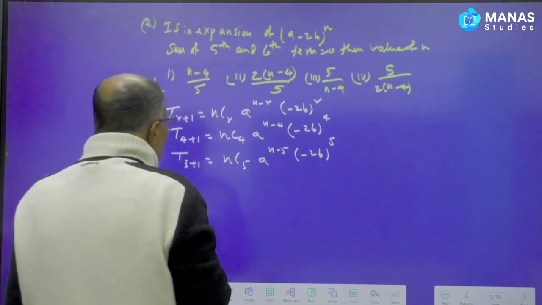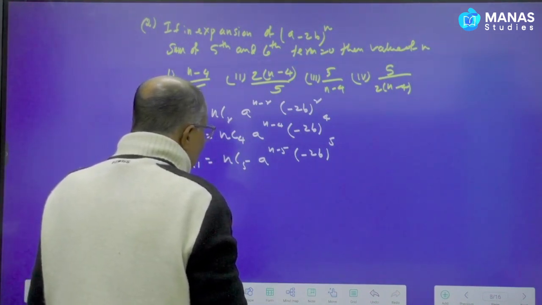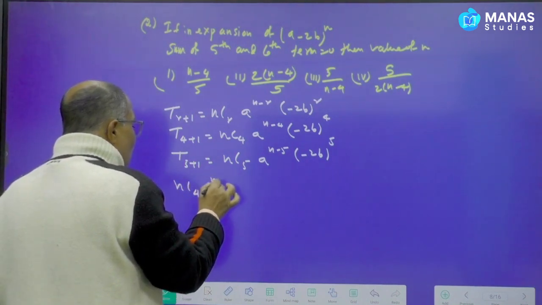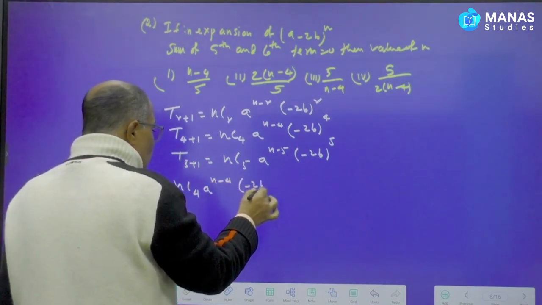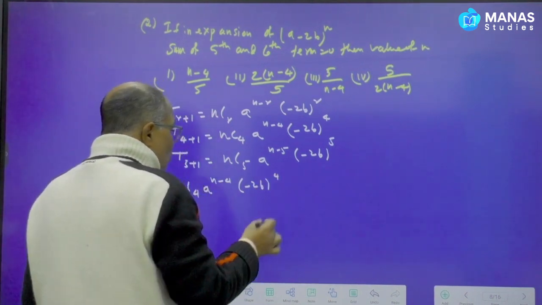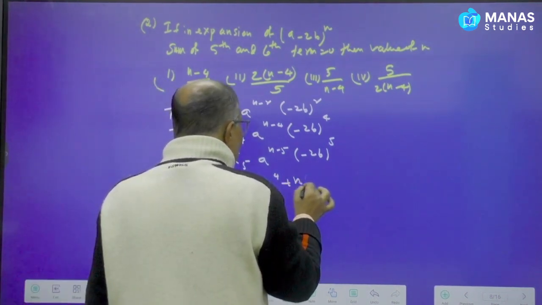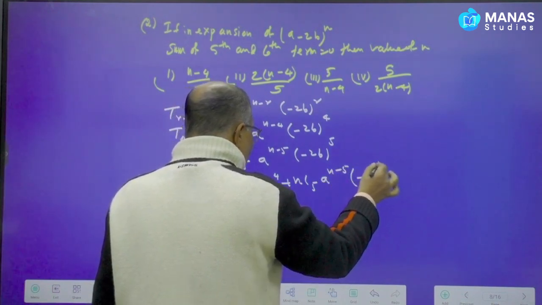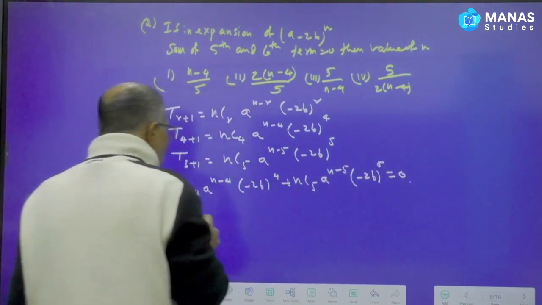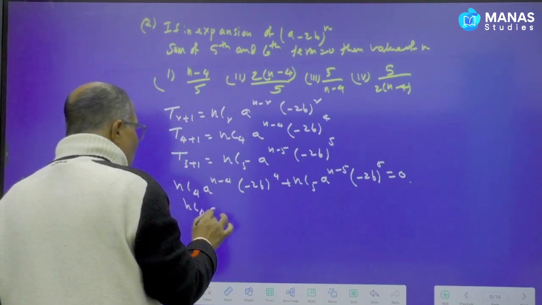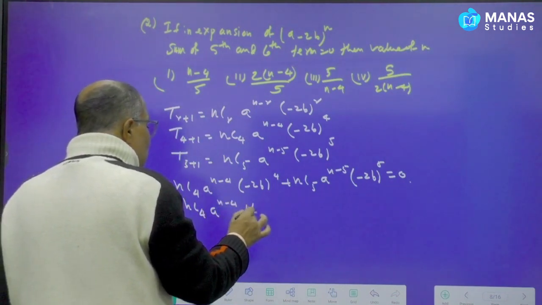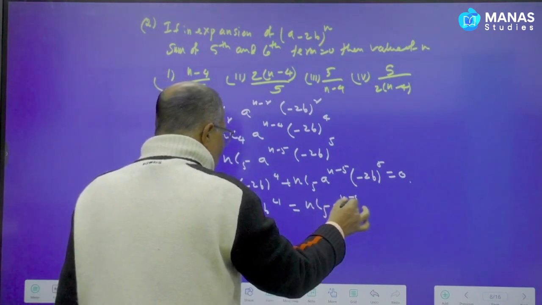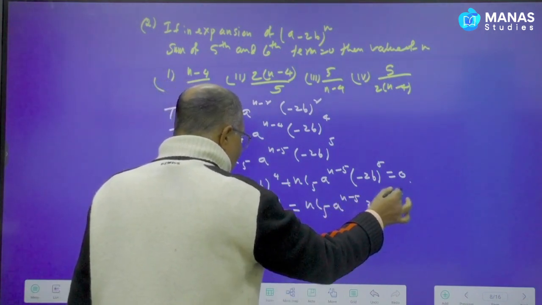According to the question, the sum of fifth and sixth term is 0. That means nC4 a^(n−4) (−2b)^4 + nC5 a^(n−5) (−2b)^5 = 0. So nC4 a^(n−4) 16b^4 = nC5 a^(n−5) 32b^5.